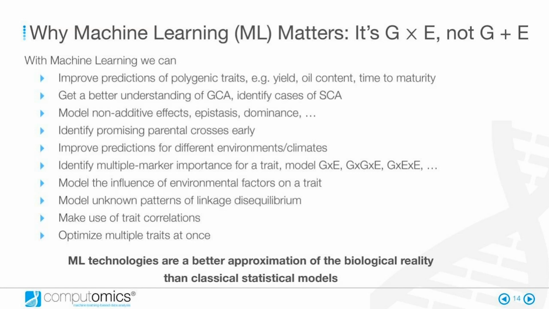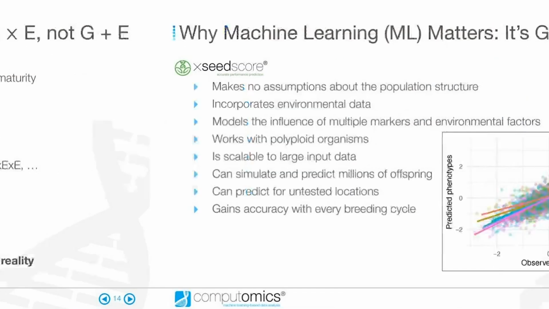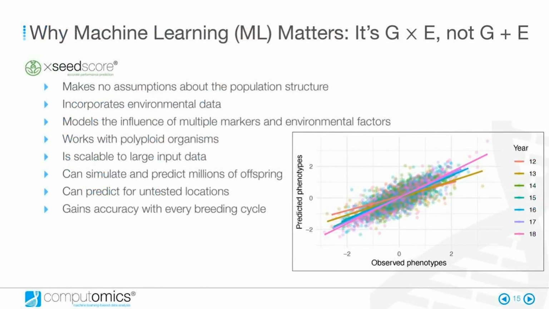That's why we've developed the machine learning-based technology XSeedScore to help breeders reach their goals more efficiently. XSeedScore needs no a priori knowledge about the population structure. We can use this information, but it's not a prerequisite to make good predictions. We integrate environmental data in our prediction models from public services like NOAA or provided by the breeder.